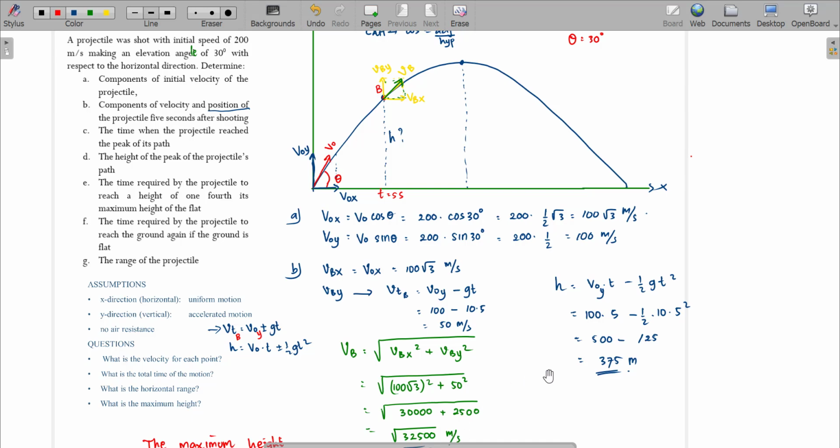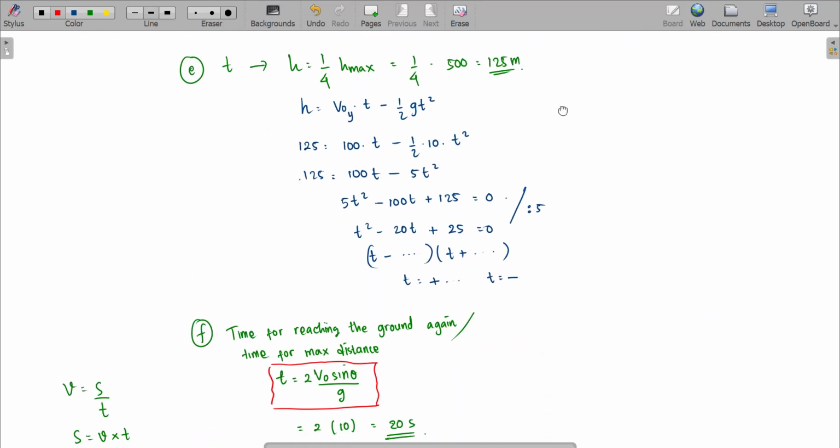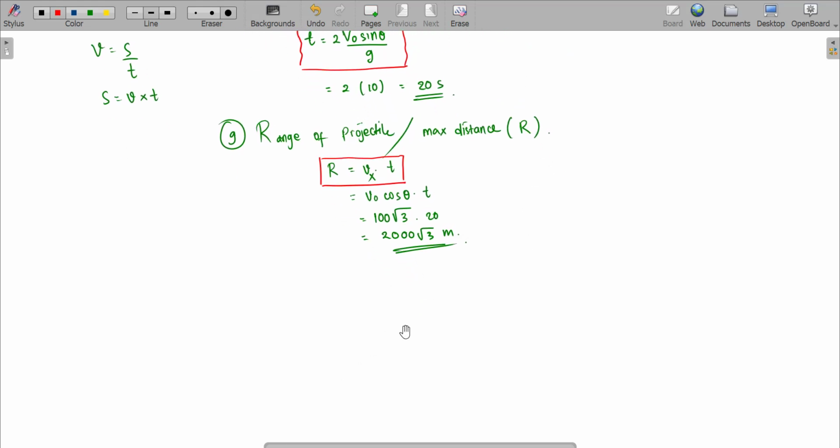Okay. Oh yeah, one more. I have one free bonus for you. If you have V0 cos theta and time in here, you can use this formula. But if you don't have time in here, you can use this formula actually. V0 cos theta, time is 2 V0 sin theta over gravity, like this one.